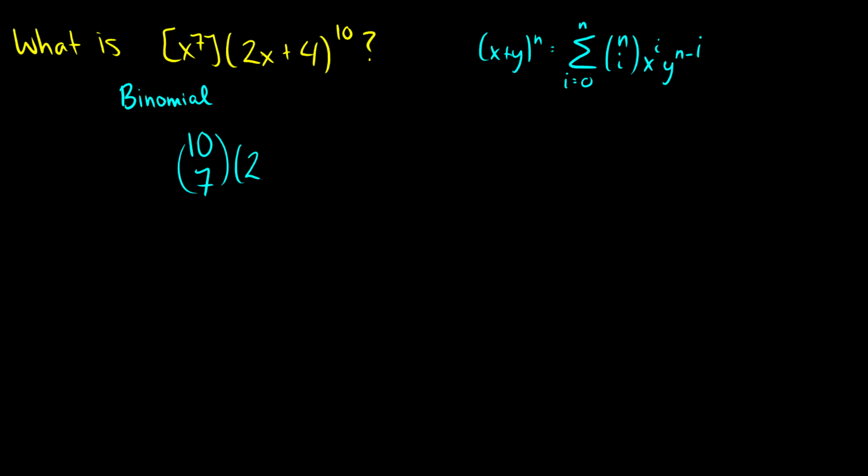We want 2 times x to the 7, which means that this y value, 4, is going to be to the 10 minus 7, which is the same thing as 4 to the 3.